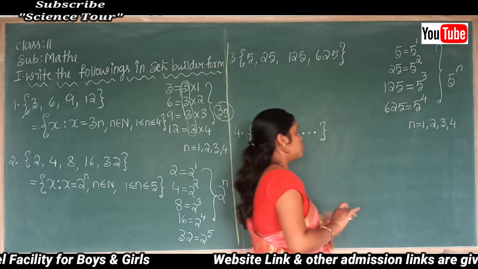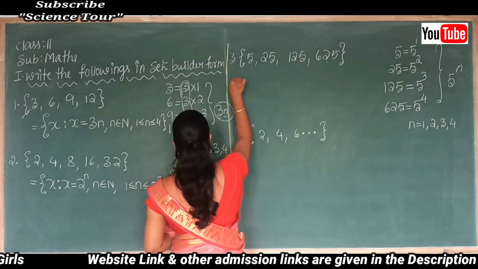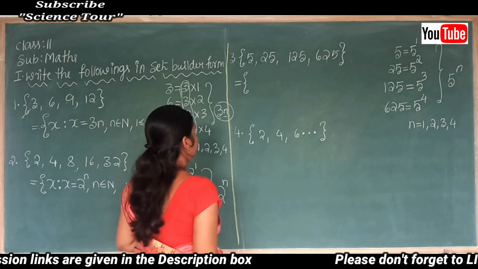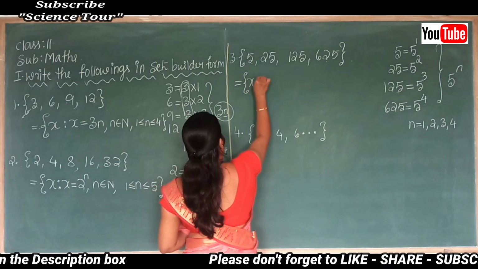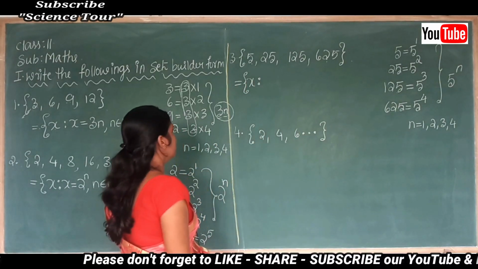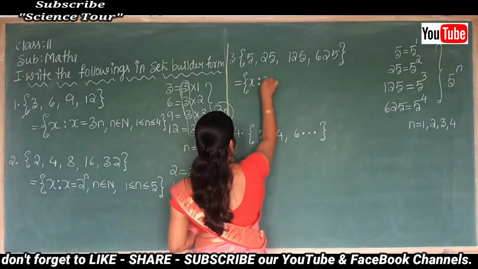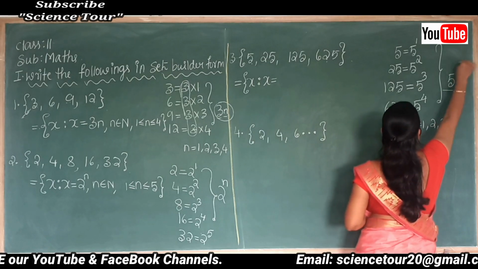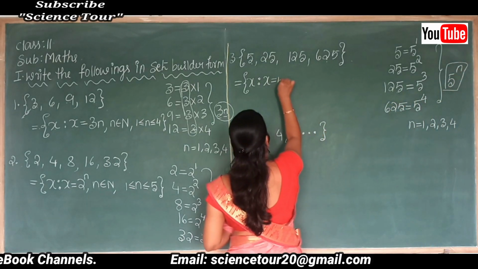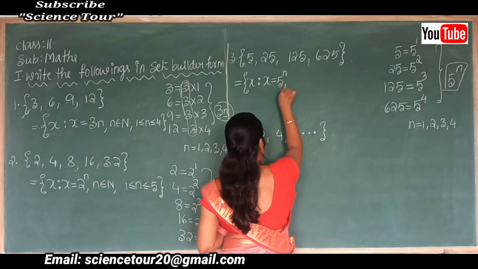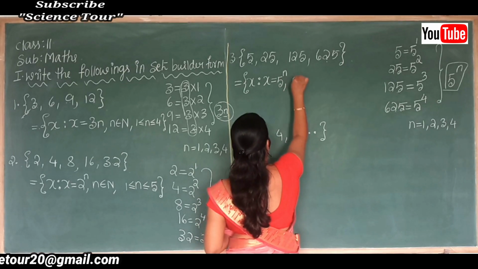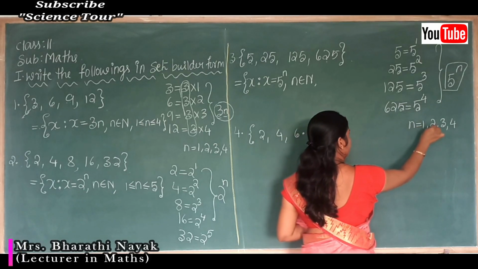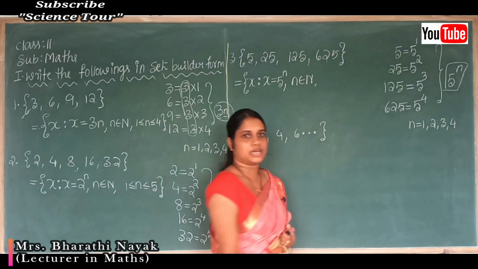Now we'll write this in set builder form: set of all x such that x equals 5 to the power n. Also here n is a natural number, isn't it? The values of n are 1, 2, 3, 4, all natural numbers.